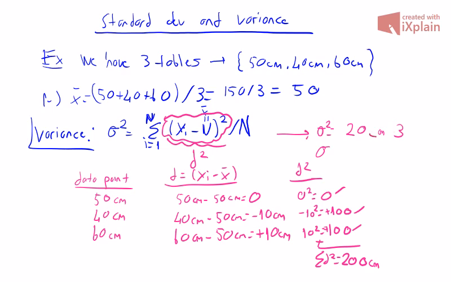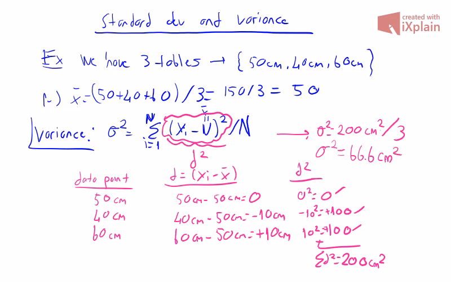So let me just rewrite everything. This is in centimeters squared, divided by 3. And the answer is going to be, sigma squared is going to be what? 66.6 centimeters squared.